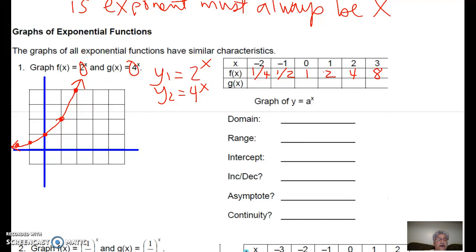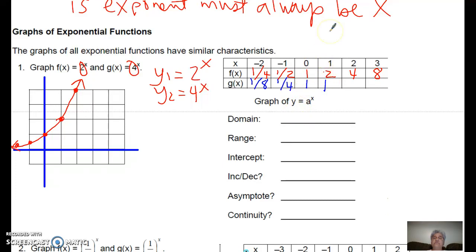If we do our function g of x, 4 raised to the x power, when we put -2 into our table, we get 1/16. -1 gives a y value of 1/4. Anything raised to the 0 power is 1. 4 squared is 16.